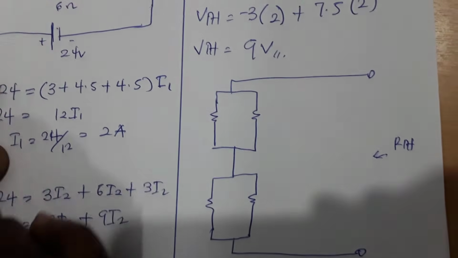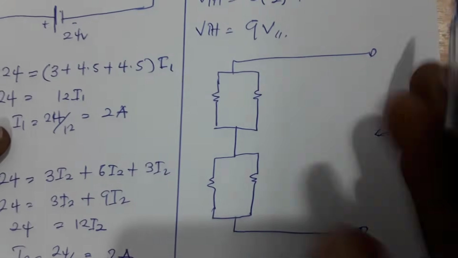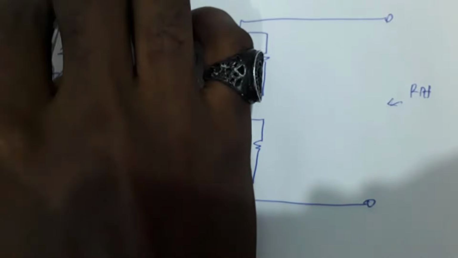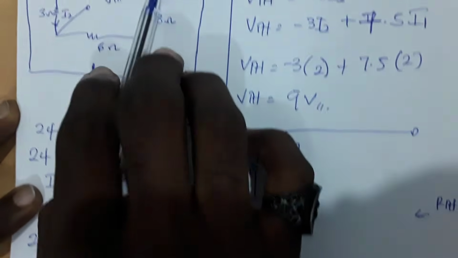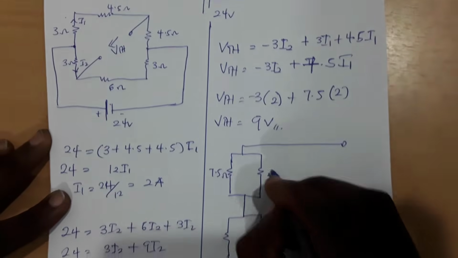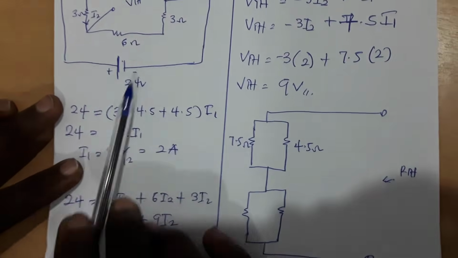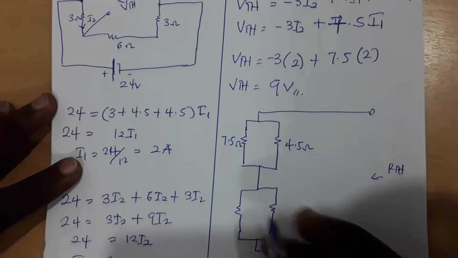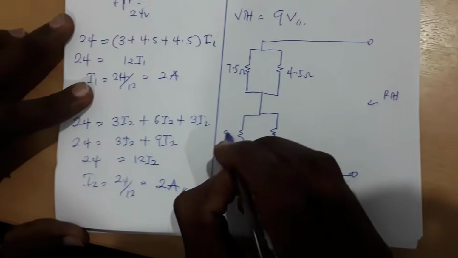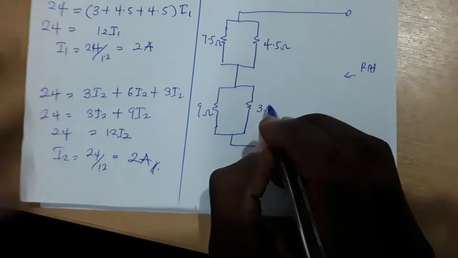I'm saying that we have this and this in series, so it will be 7.5 ohm here, and in parallel with this 4.5, like this. And when we come here, we have this and this in series, that is 9 ohm, and in parallel with the 3 ohm like this.